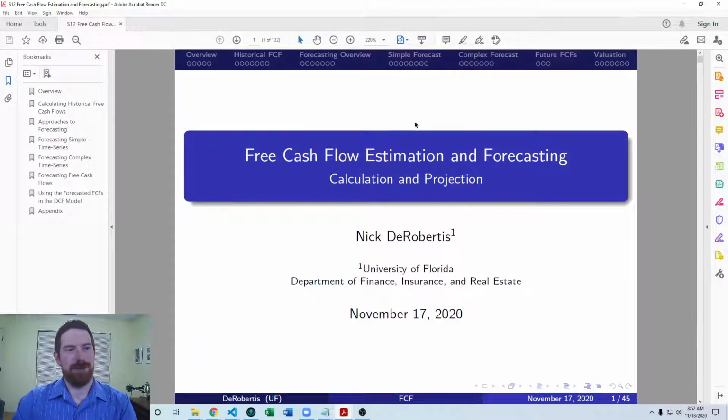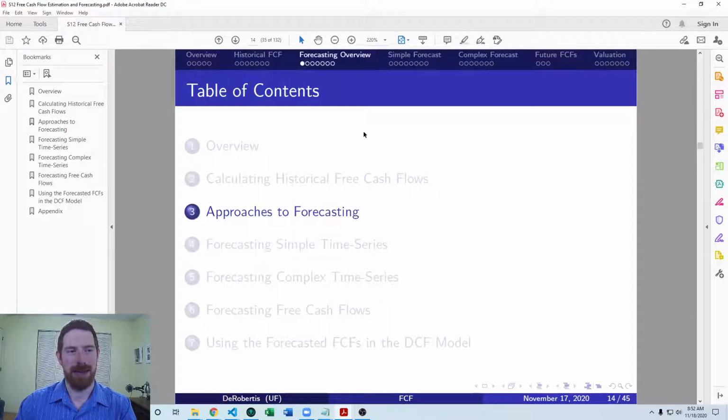We already covered the historical free cash flow part of all this, so go back to the prior videos to see that. And now we're just getting into thinking about, well, we need to know about the future free cash flows in order to take the present value and get the value of the company. And so that brings us into this whole area of forecasting.